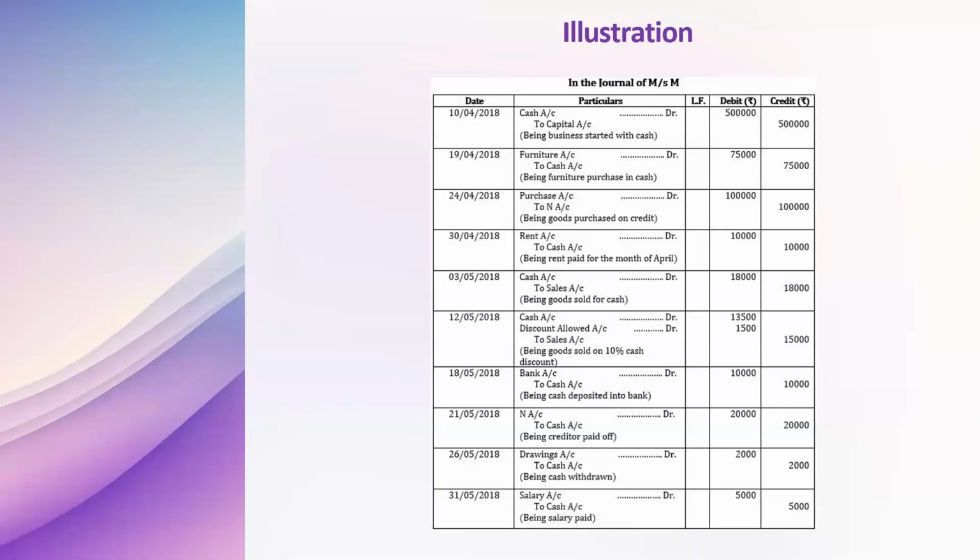And then: sold goods to Karim on credit, 6,000.